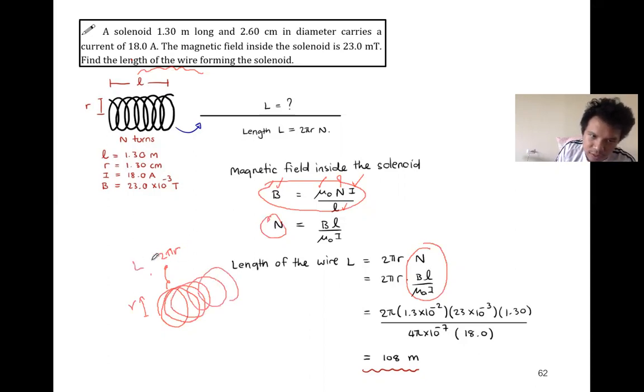So you do it n times by 2 pi r. And the number of turns n can be written in terms of the variables given by the question. Then finally you can calculate the length of the wire needed for making the solenoid.